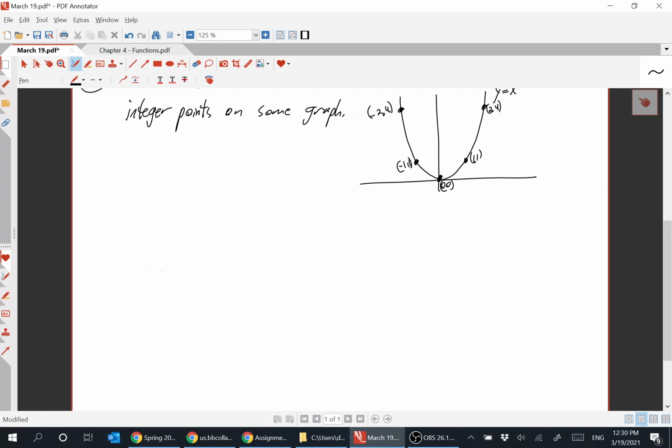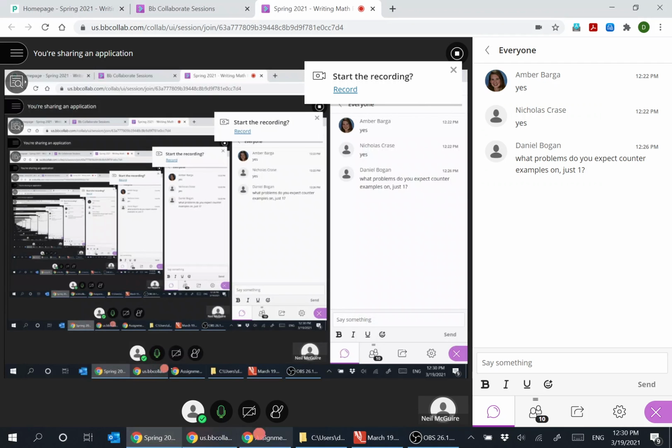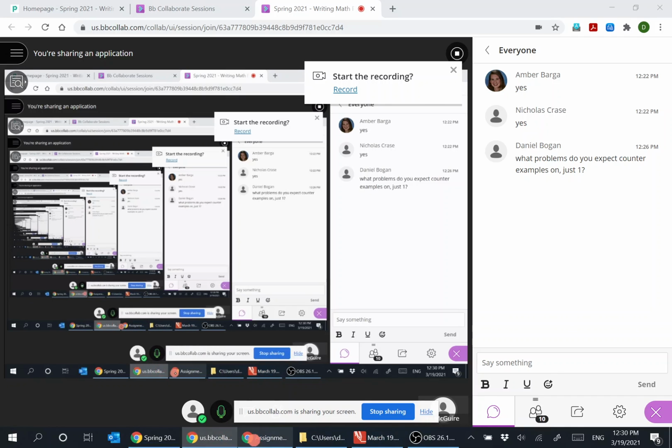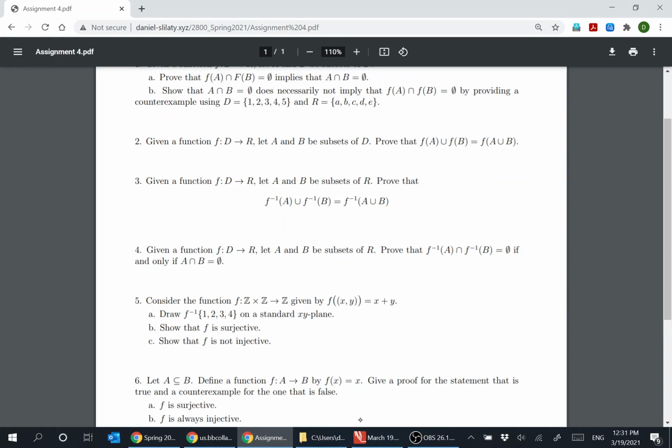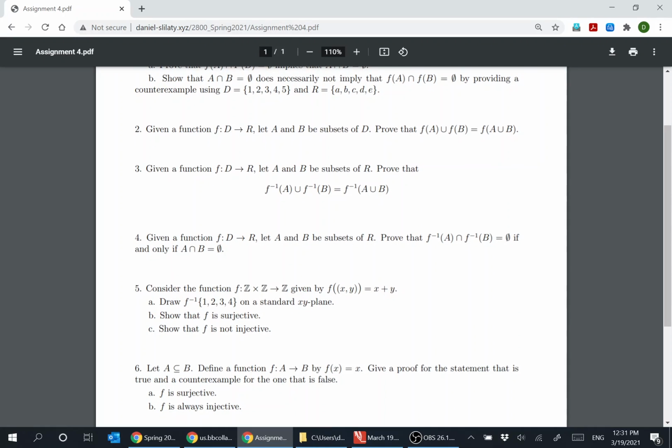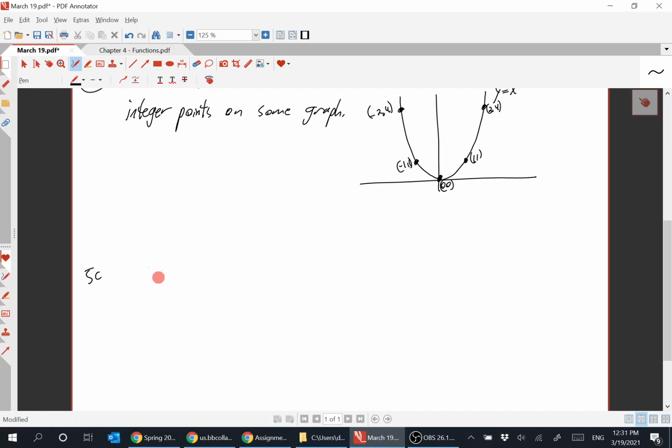So, and on 5B, you want to show that this function here is not surjective, or not injective. So to show that f of x, y equal to x plus y is not injective, what do you have to do?